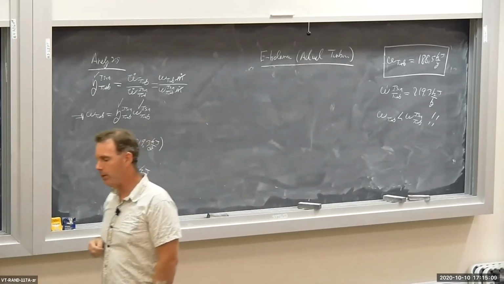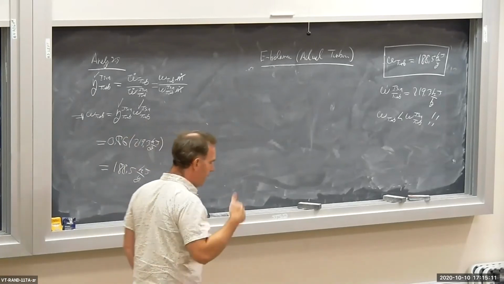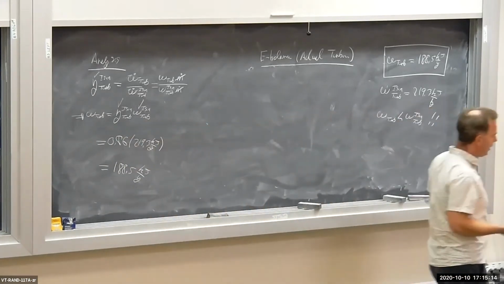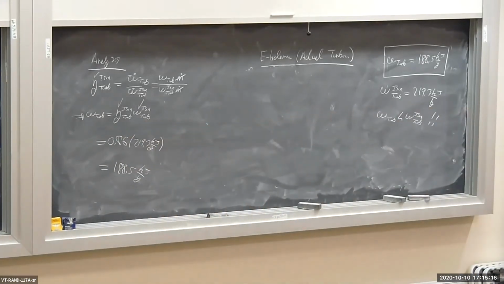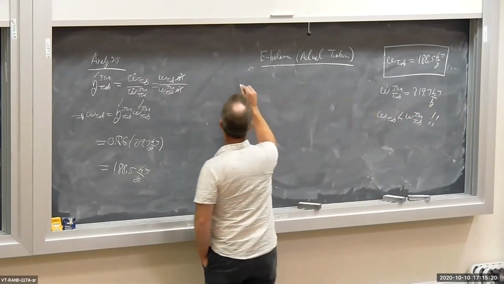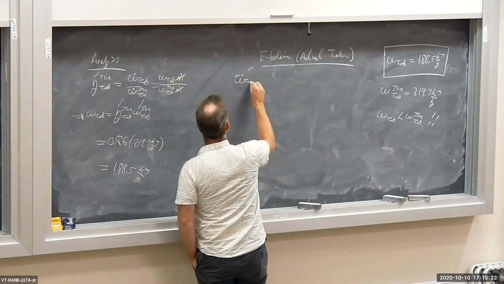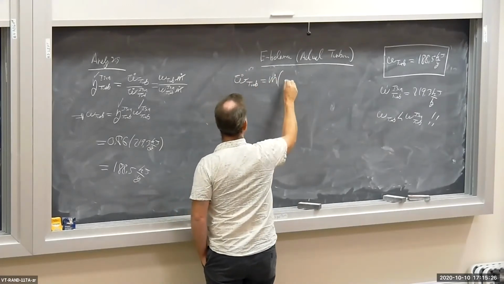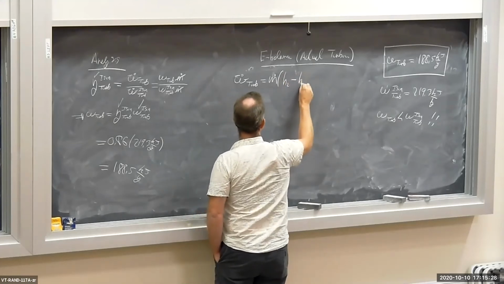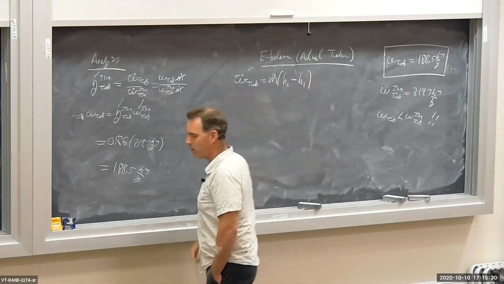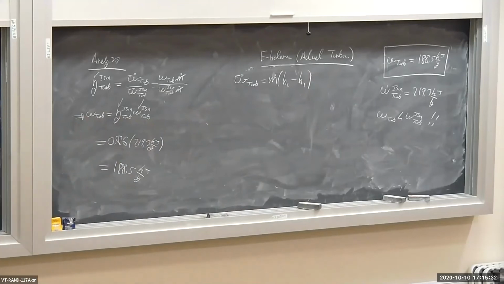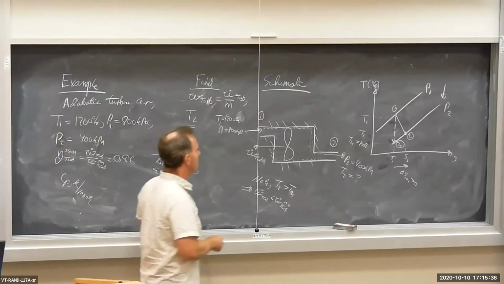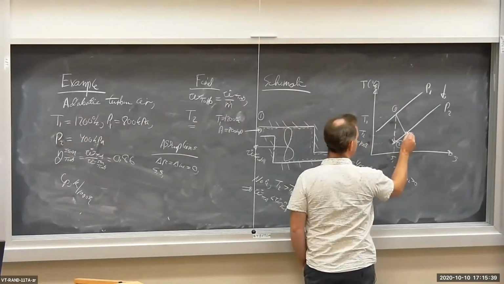So I apply the energy balance, steady state, no heat transfer, single inlet, single outlet, no changes in kinetic and potential energy, and I get W dot turbine is equal to m dot times (H2 minus H1). Let's make sure these subscripts are right. For the real device, we're going from state 1 to state 2.